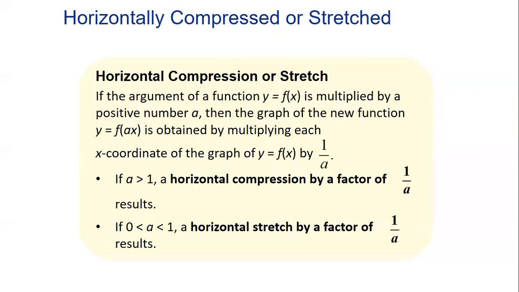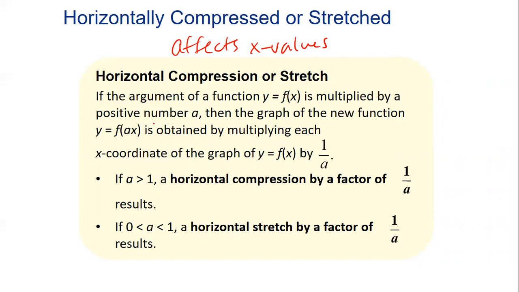All right, a horizontal compression. If vertical affects your y, then horizontal affects your x. Okay, this affects your x values. And just like before, your x is a liar. You would think you would be multiplying, but you're not multiplying, you're actually dividing. Okay?